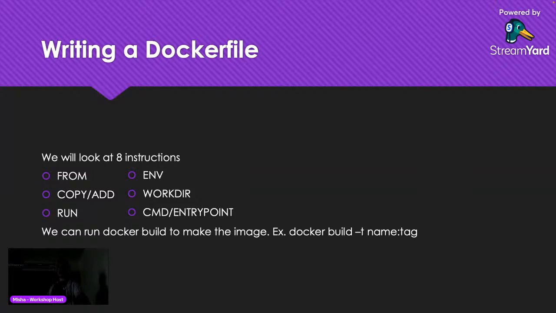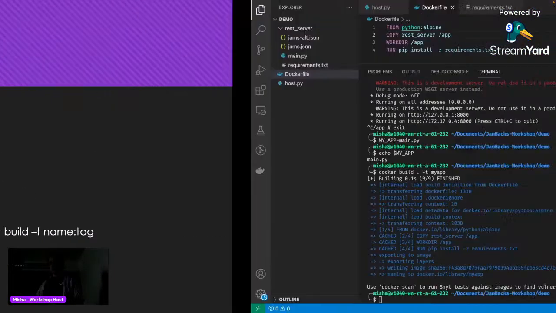ENTRYPOINT, on the other hand, gives you the specific executable that's going to run, and you can't change the default. So if we run and give extra arguments after the container name, that would give the arguments to the actual execution that you ran.